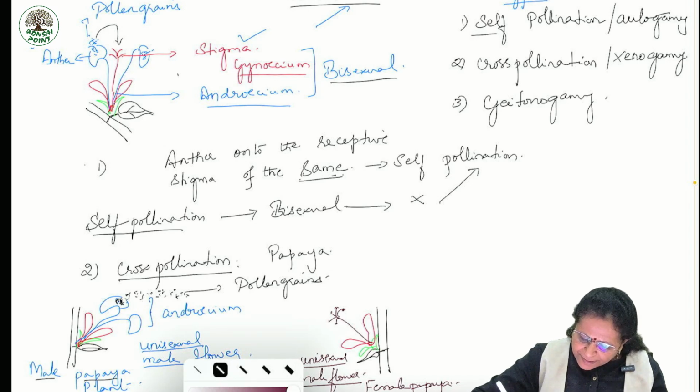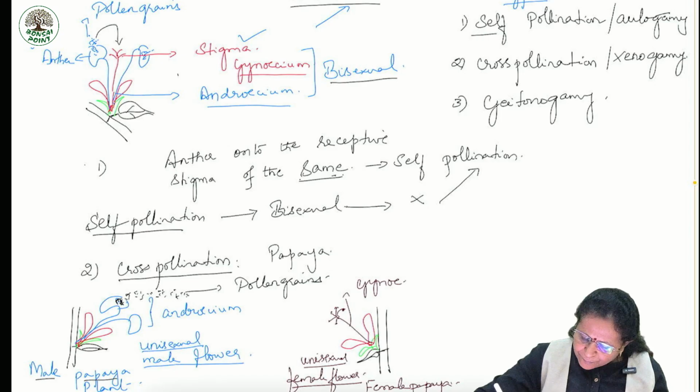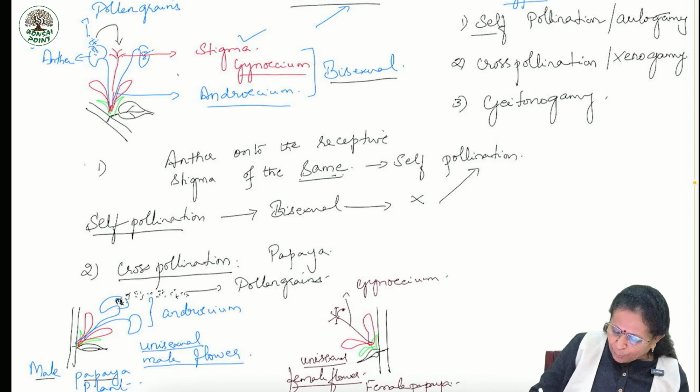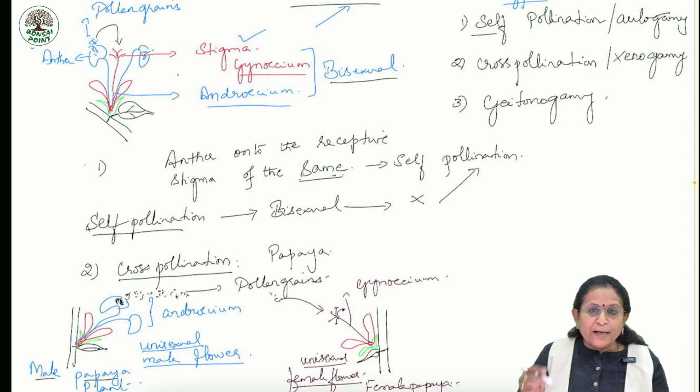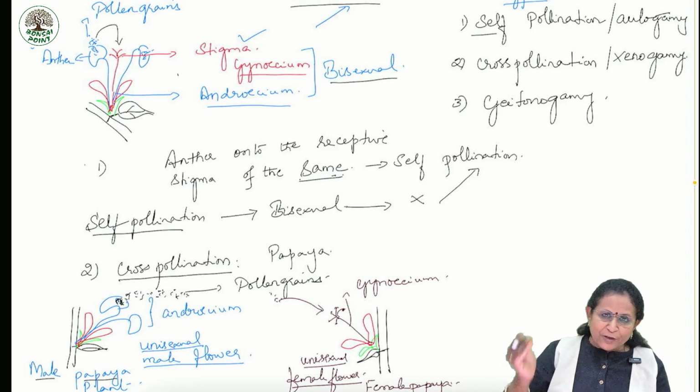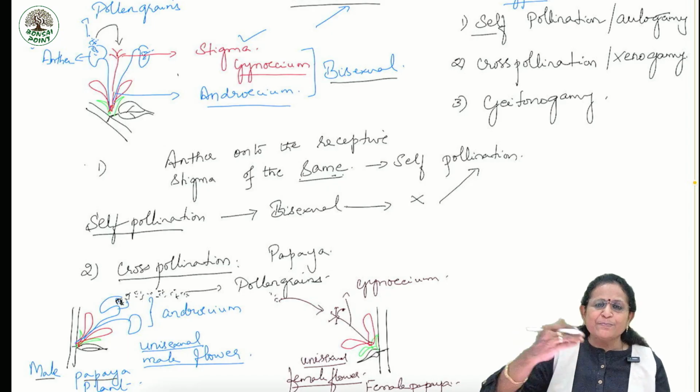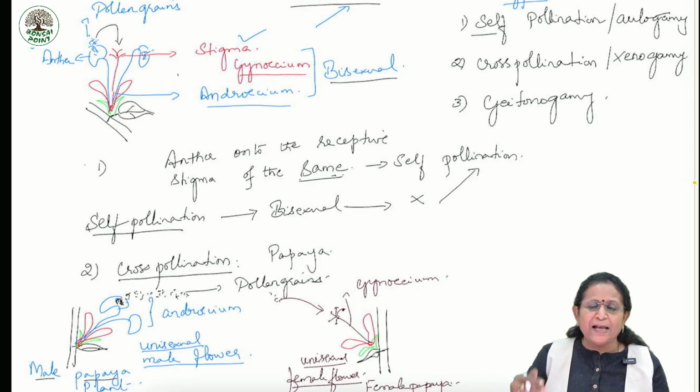Okay. What is this now? This is gynecium. Thereby, the pollen grains will come and fall on the stigma of the female flower of the papaya plant, but it is not present on the same plant, it is present on another plant.